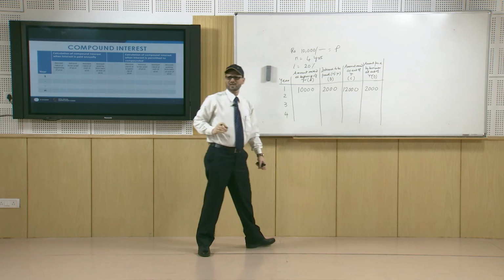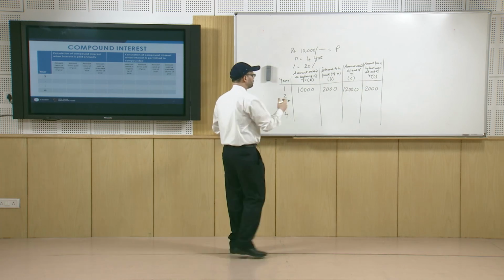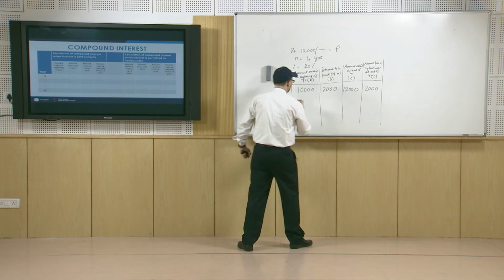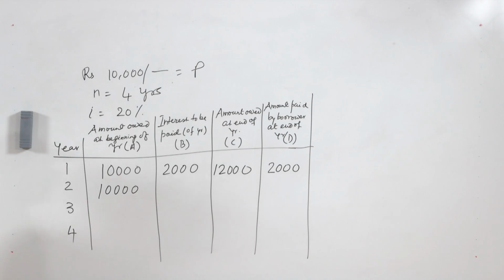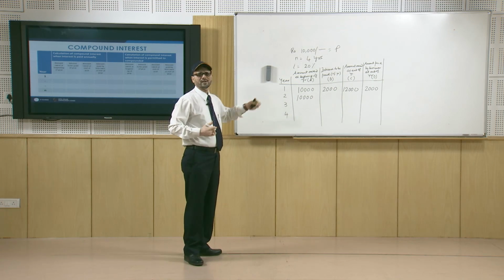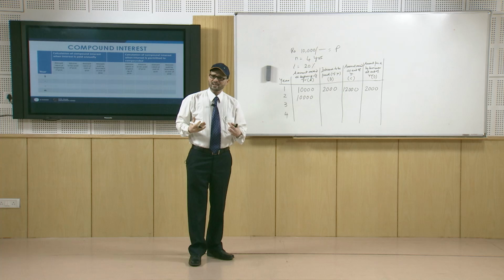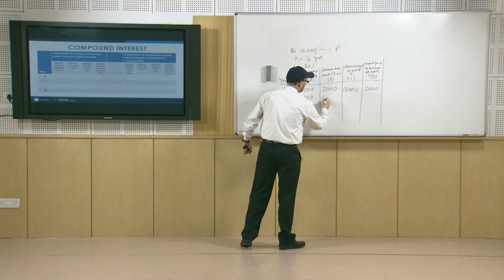Once he has paid 2,000 interest, he now owes 12,000 minus 2,000, so it is again 10,000. In the beginning of the second year he owes 10,000, and again he has to pay in the second year interest of 20% of this sum, which again comes out to be 2,000.